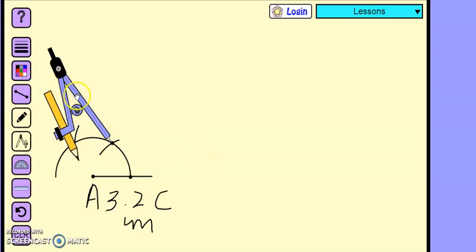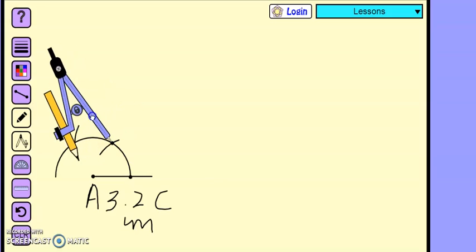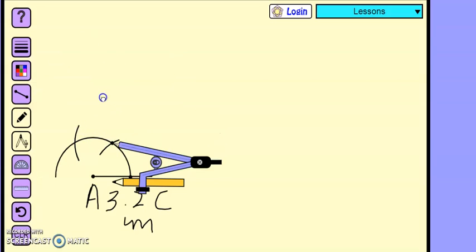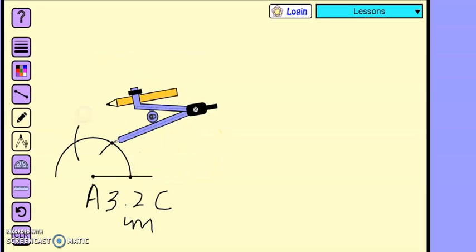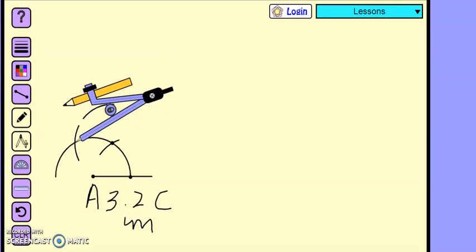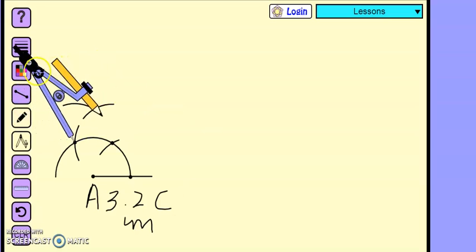You need these two arcs in order to get your 90 degree. So again I am going to place my compass needle at 60 degree and construct an arc like this. And similarly, placing at 120, this will be like this. This is how you have formed your 90 degree angle.